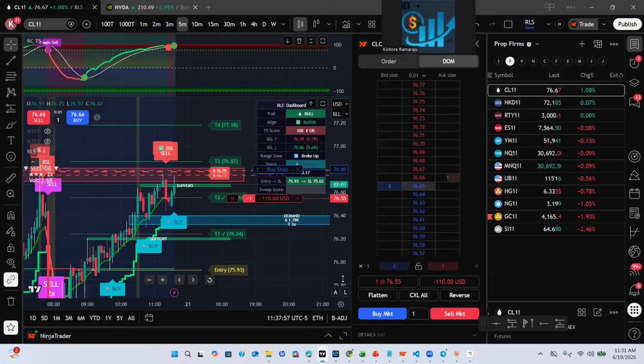The market is just moving choppy. But on Monday you can see the proper results.